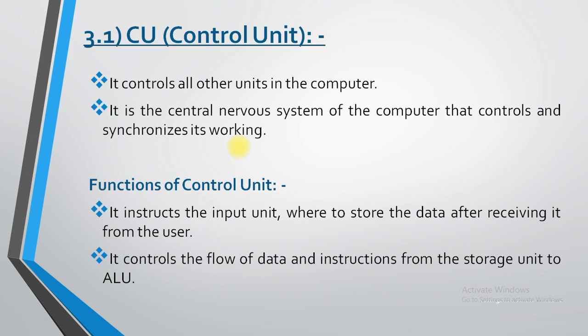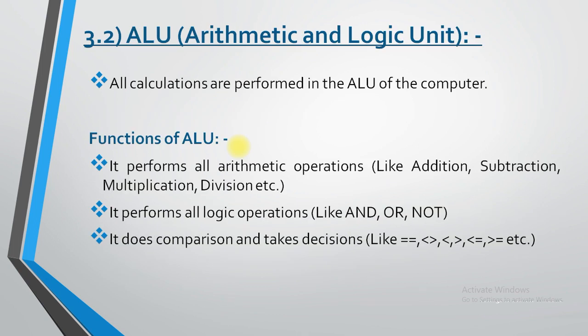It instructs the input unit that after receiving the data from input unit, it says that you need to store your data in this particular location. So it gives the instructions to the input unit for storing of data, and it controls the flow of data and instruction which is there coming from the storage unit to the ALU.